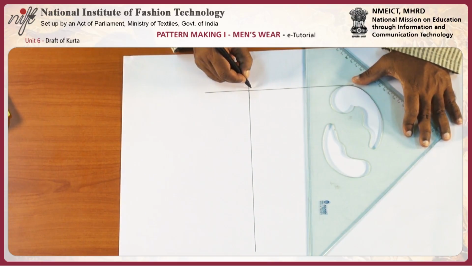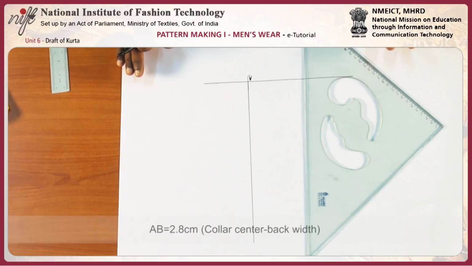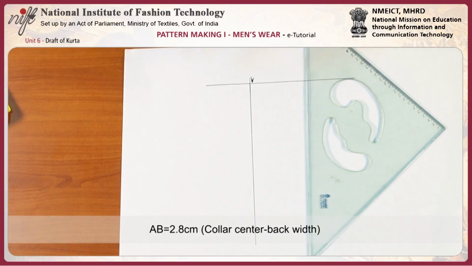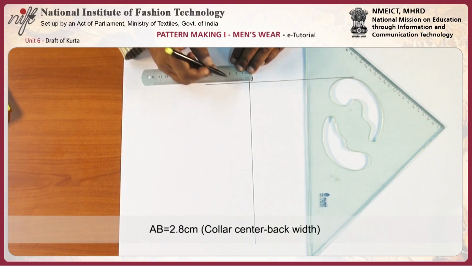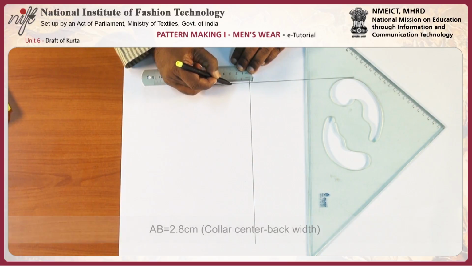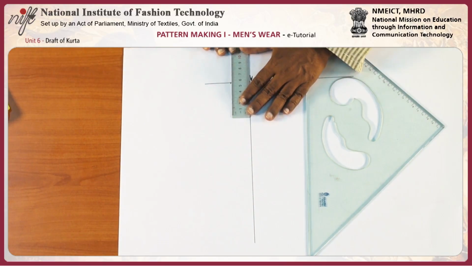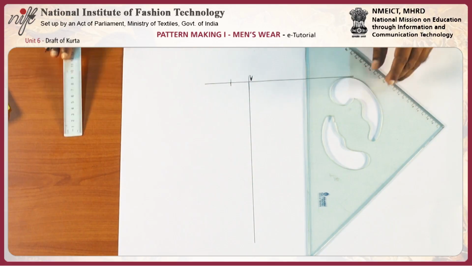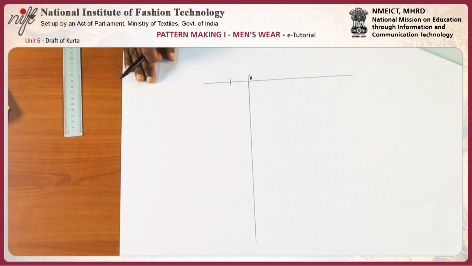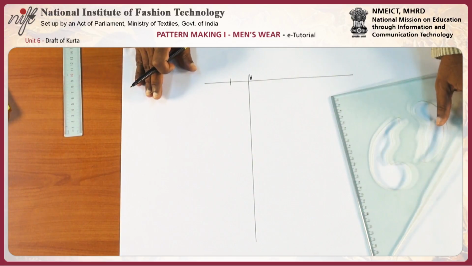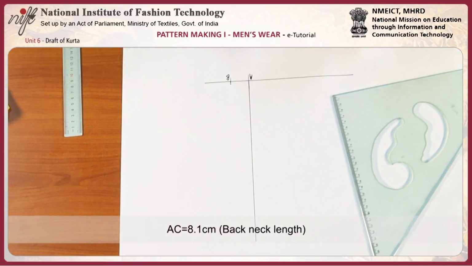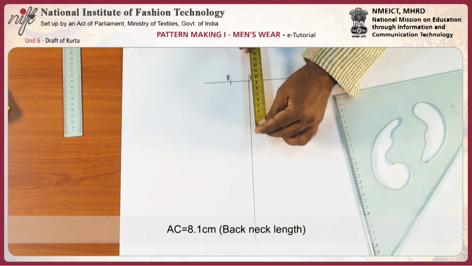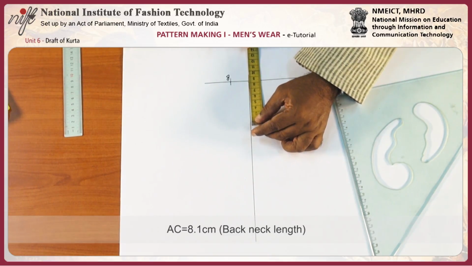Label point A. From point A to B, center back collar width, which is 2.8 centimeter. Point A to C, back neck length, that is 8.1 centimeter.